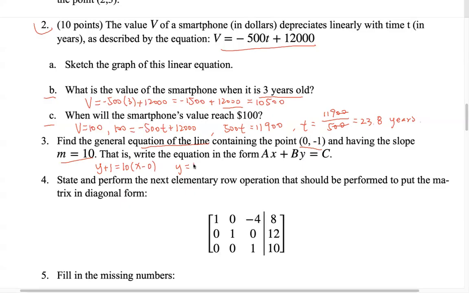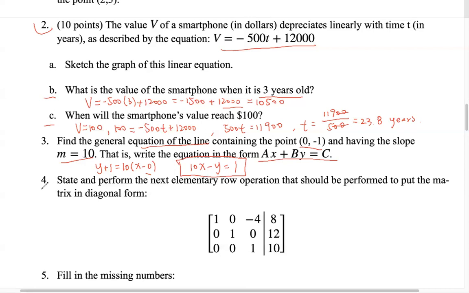Because we need to write this in standard form, ax plus by equals c form. So we have 10x, 10 times 0 is 0, this term is just gone. Move y to this side, becomes negative y equals 1. So that's the answer.